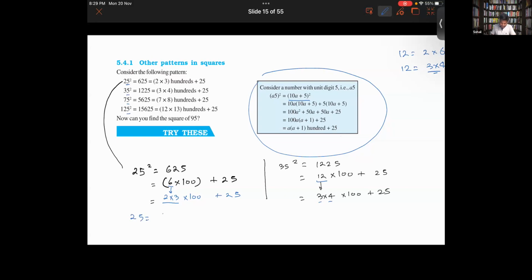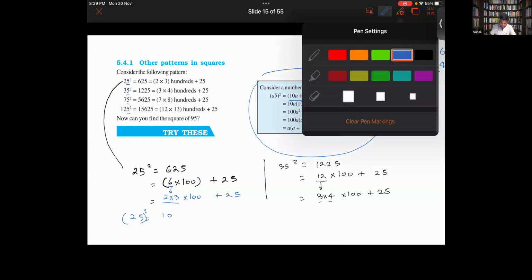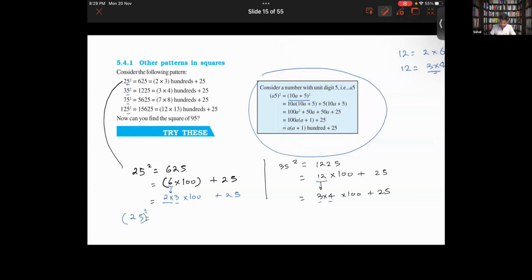What I have done, I have written its square, 625, in this form. 25 squared equals 625. So I have written it in this form: (10a plus 5) whole square. How? Let's expand it now.